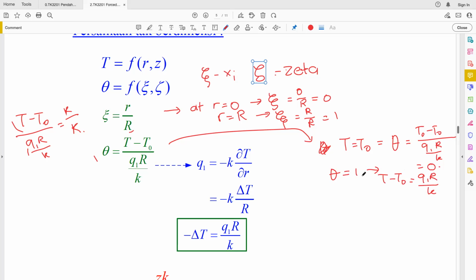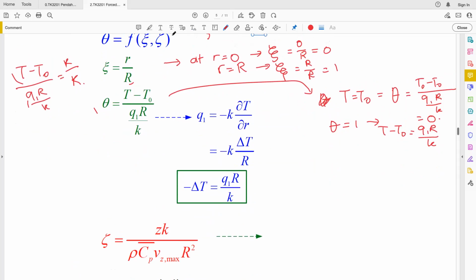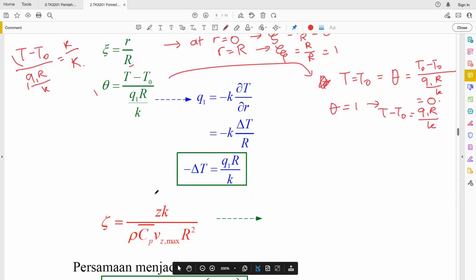So that would be this one, and then the last one is zeta. Zeta is the dimensionless number for the distance z. It is quite more complicated, so we have to put z k divided by rho cp v z max R squared. But if you put in all the units, that would also be a dimensionless number.